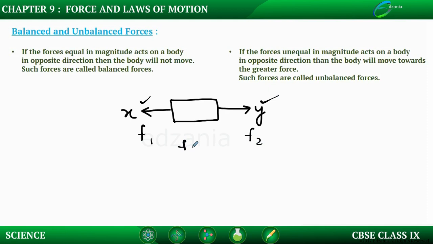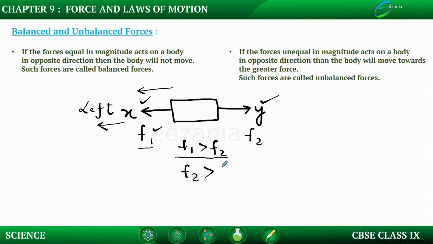If F1 is greater than F2, then this box will move towards F1, since someone is pulling this box with greater effort on this side. That is why F1 is greater. Therefore, the box will move towards left. Therefore, these forces are called unbalanced forces. Suppose F2 is greater than F1, then what will happen?